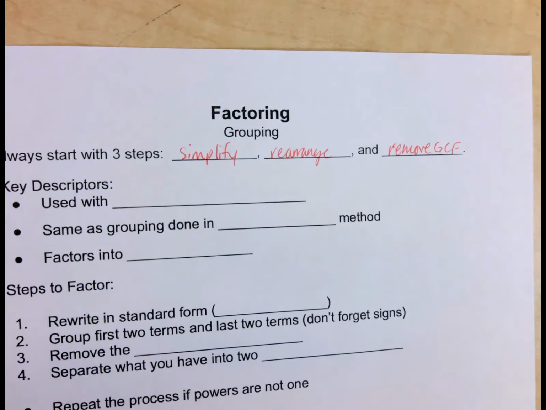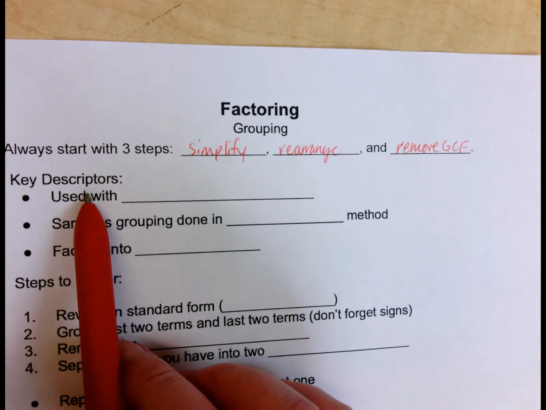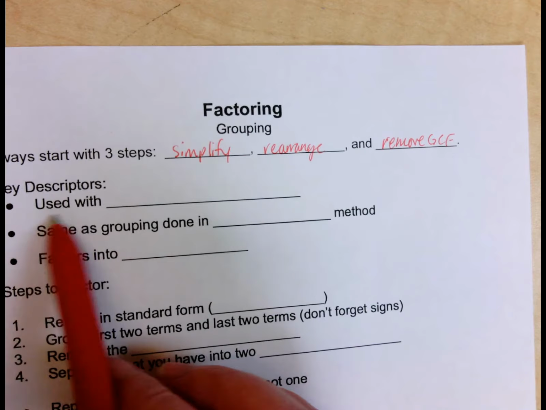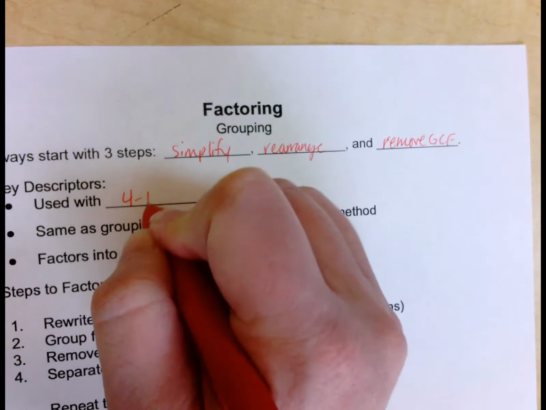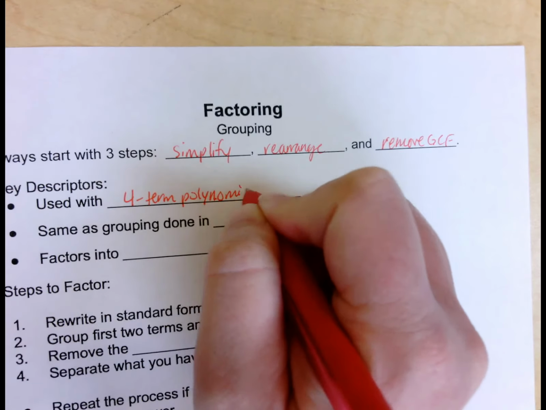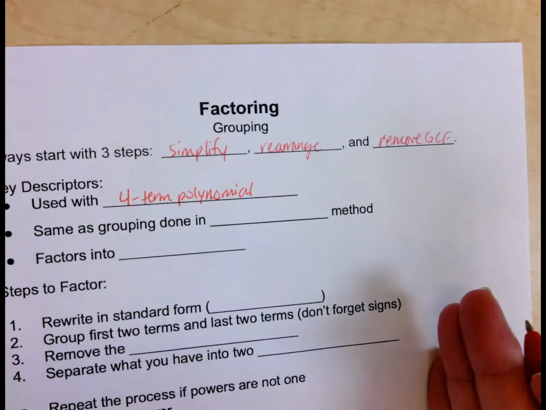Okay, so what we're going to start with here are our descriptors, our criteria. How do I know if this is something that I can use grouping on? Well, first off, it has to be a 4-term polynomial. That means it's a polynomial that has 4 parts to it, 4 terms.